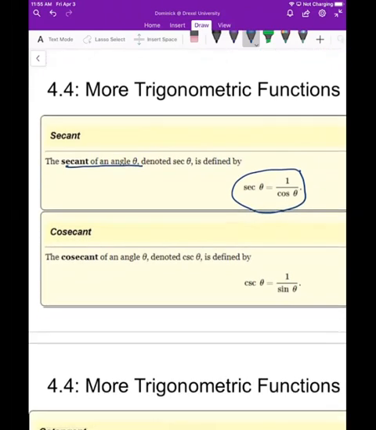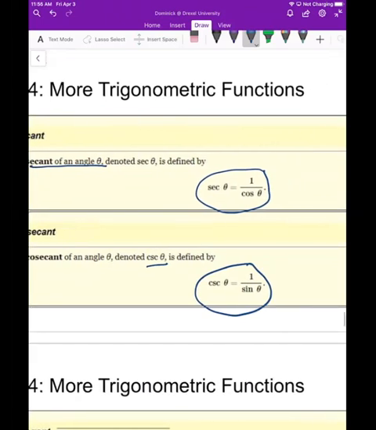And cosecant, which we usually denote by CSC, is the reciprocal, or 1 over sine. So one way that I've always remembered this is that cosine is 1 over secant and sine is 1 over cosecant.